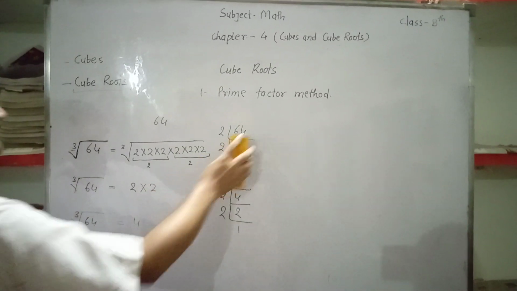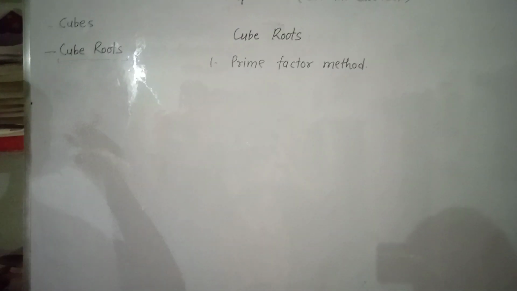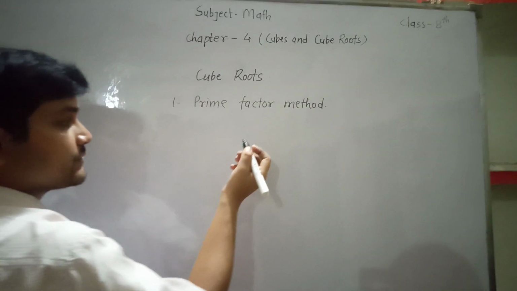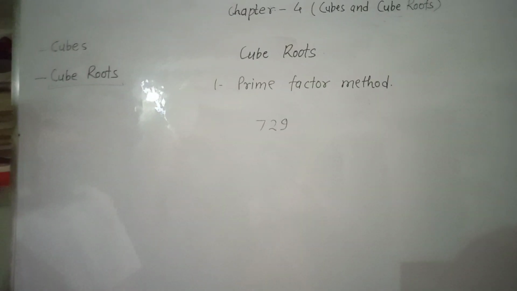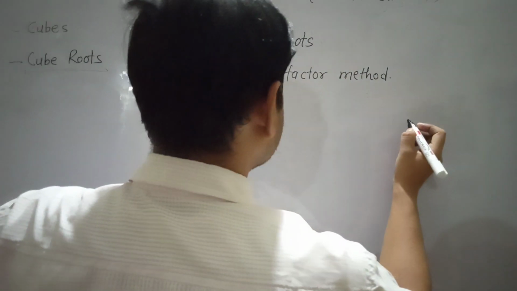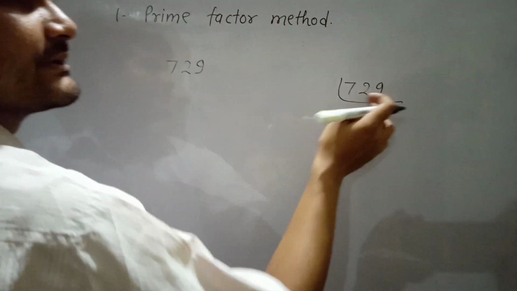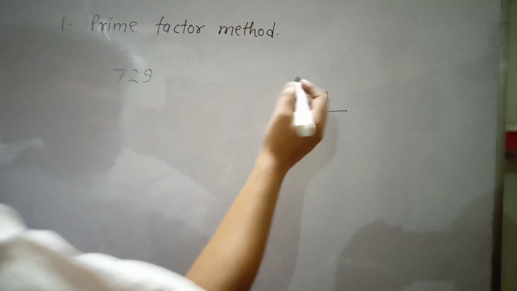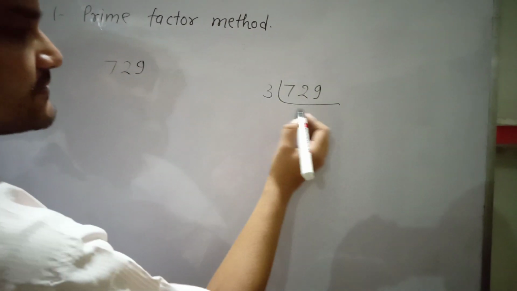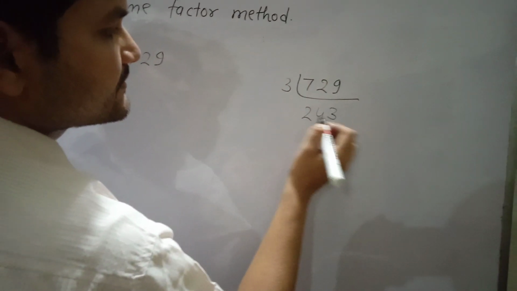We will take one more example so it will be more clear. Suppose we want to find the cube root of 729. Firstly we take the prime factors of 729. 729 has 9 as the last digit, so it will not divide by 2. 729 divided by 3 gives 243.